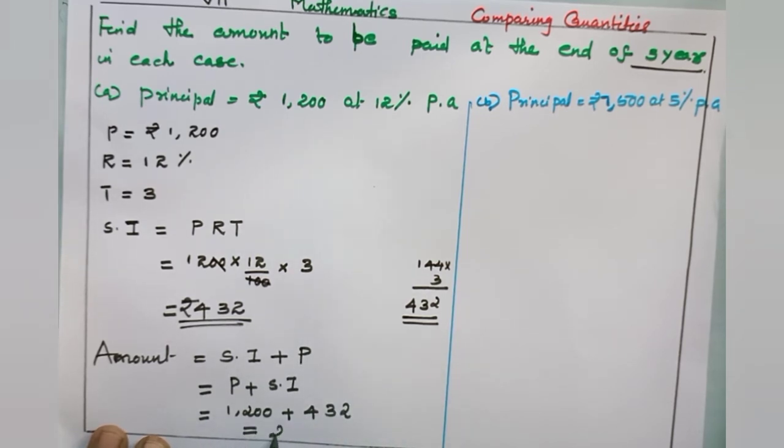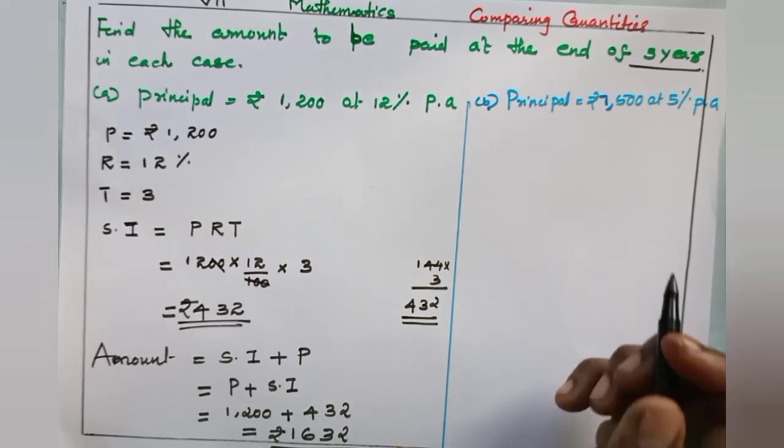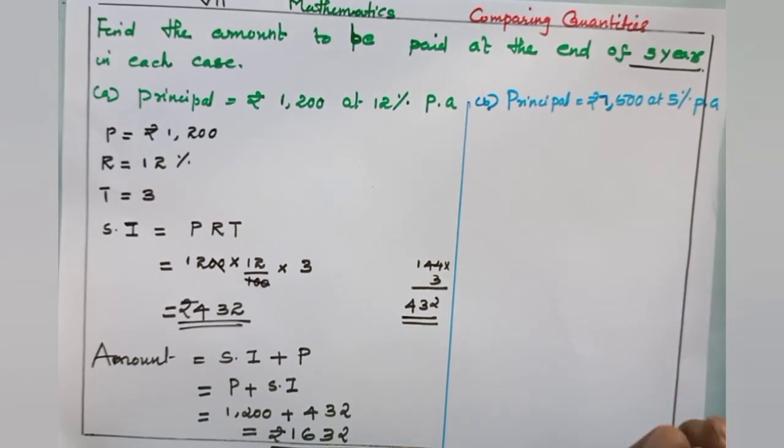So the total amount is 2, 3, 4 plus 2, 6: 1,632 rupees. Okay. The amount paid at the end of 3 years is 1,632.